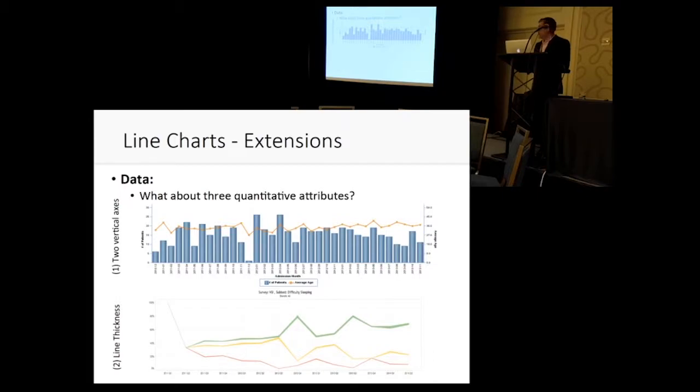In this case, for a specific clinic, I showed the dates, the number of patients getting a specific treatment, and here's the average age. That way, in one visualization, I can add a third attribute to it.